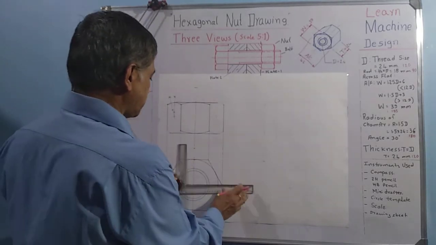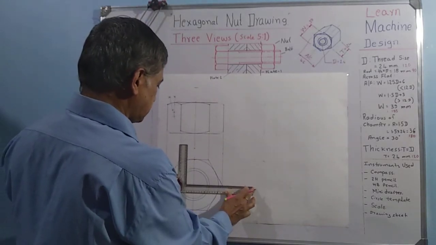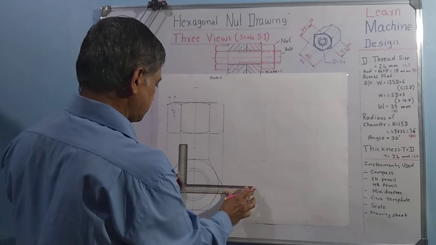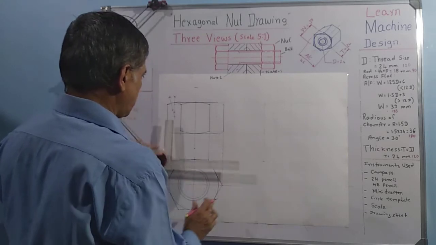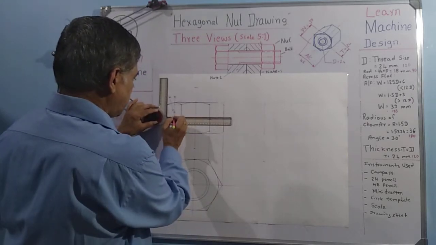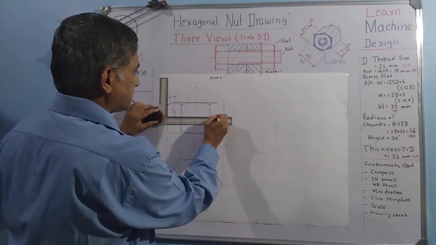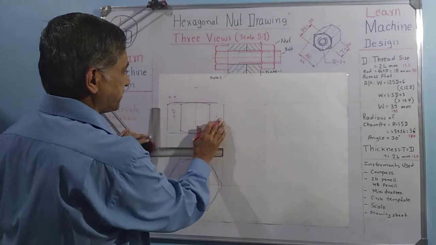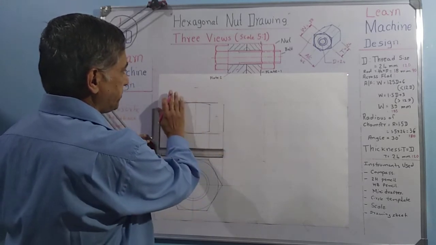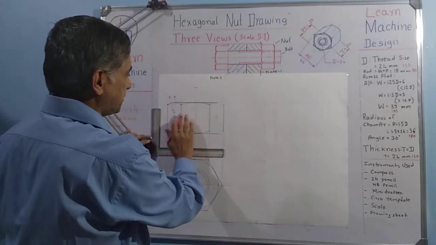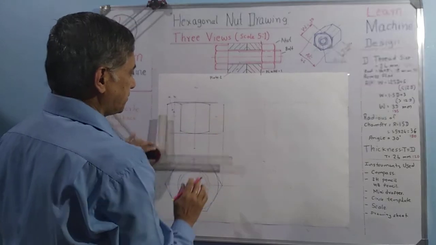Again, drafter set correctly. Use this point and transfer it here, because this and this are similar, not necessary to repeat all this exercise here also. Just got this line.